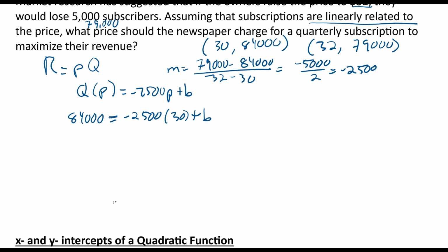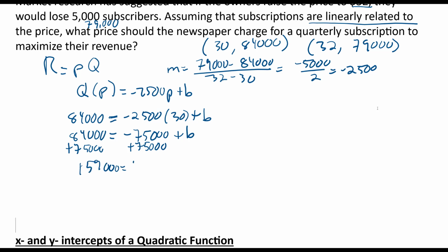So 84,000 equals negative 2,500 times 30, which would be negative 75,000, plus B. So adding 75,000 to both sides, 159,000 equals B. So our formula, Q in terms of the price, the number of subscriptions based on price, is negative 2,500 times P plus 179,000.